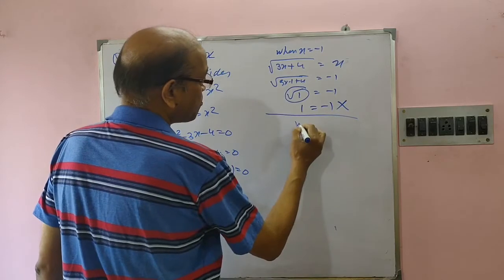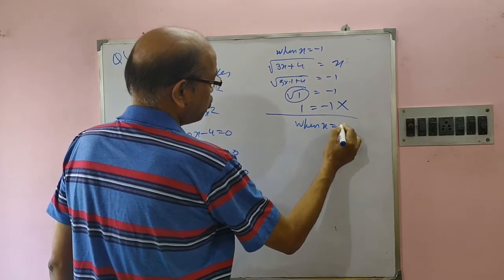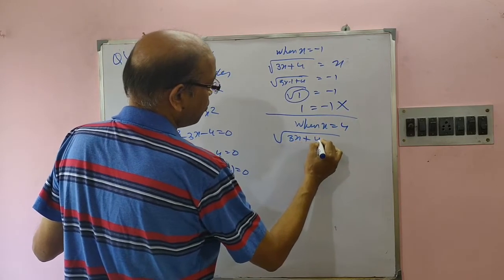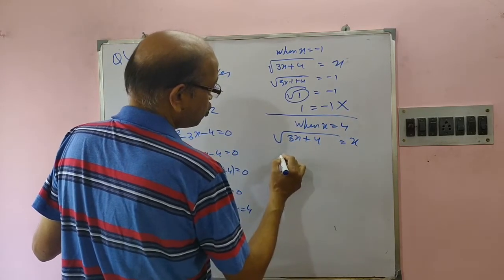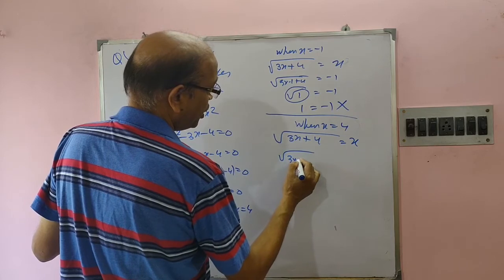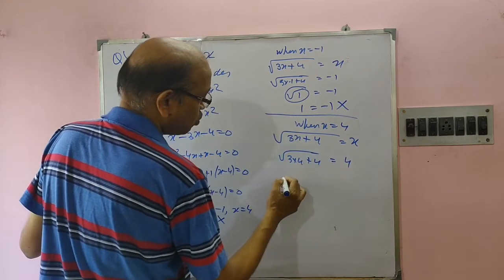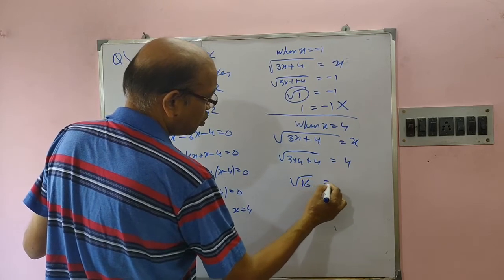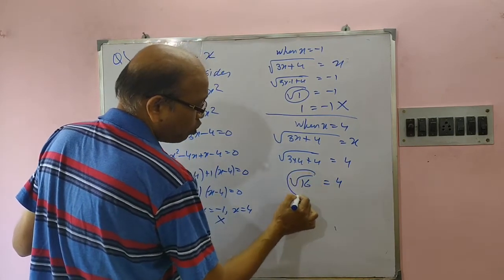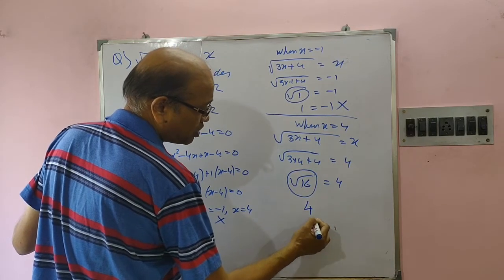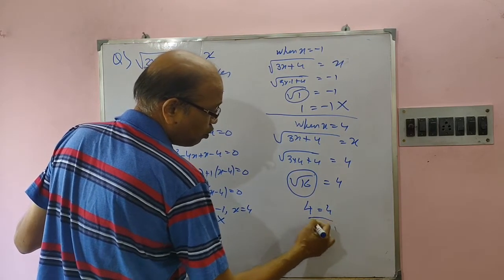Now when we put x equals 4 in the equation, what do we get? Root of 3x plus 4 is equal to x. So root of 3 into 4 plus 4 is equal to 4. So here it is root 16 is equal to 4. As I said, we only take the positive value. The positive value of root 16 is 4, which is equal to 4.